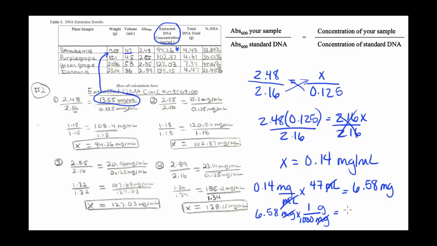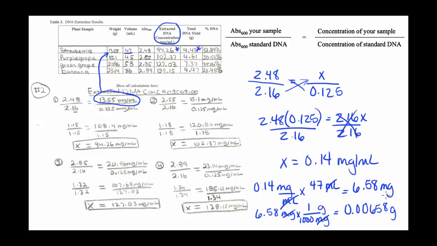So when I do that, I'm going to get 0.00658, and that will be grams of DNA.